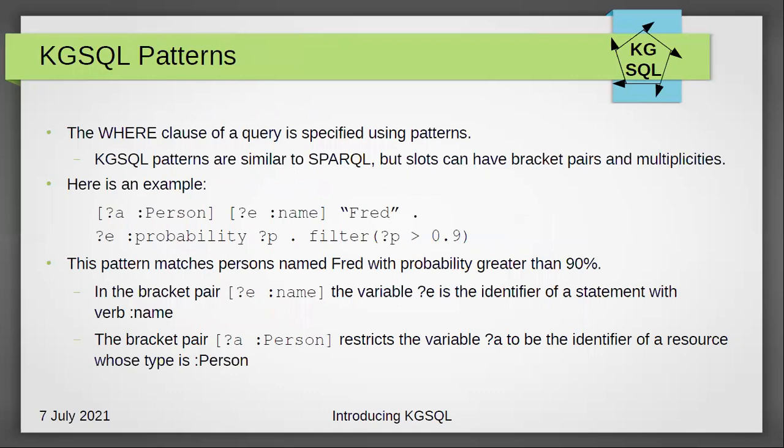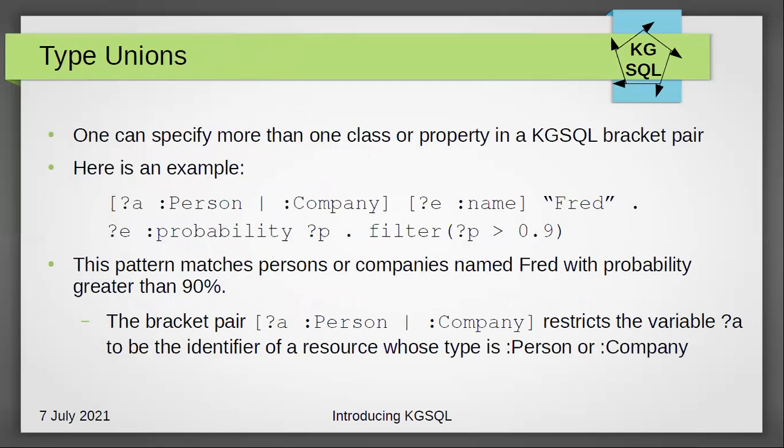And in general, of course, a pattern that I've shown you a number of examples of already is given in a manner similar to SPARQL, except that you can add bracket pairs and multiplicities. Another feature that I added is that you can specify type unions.